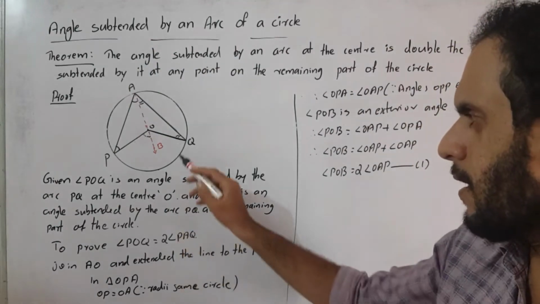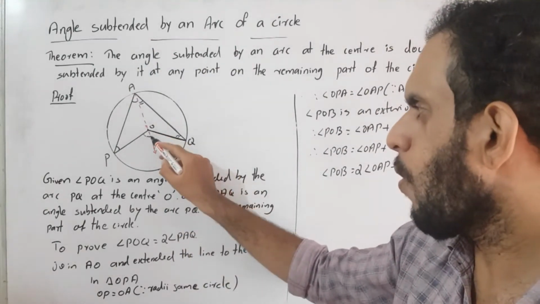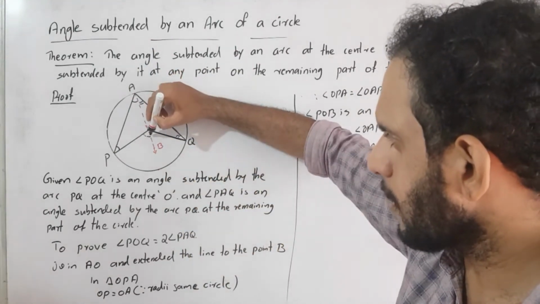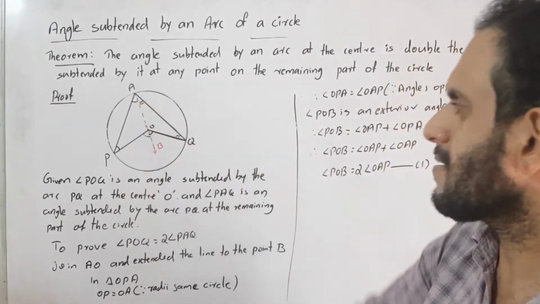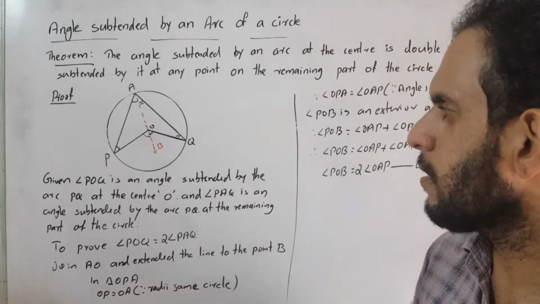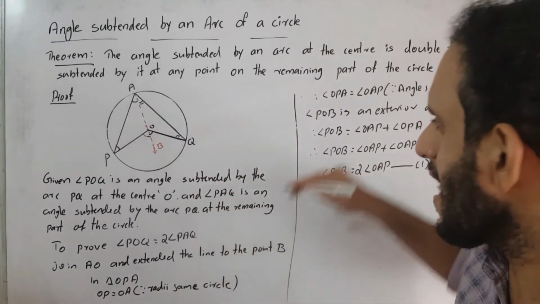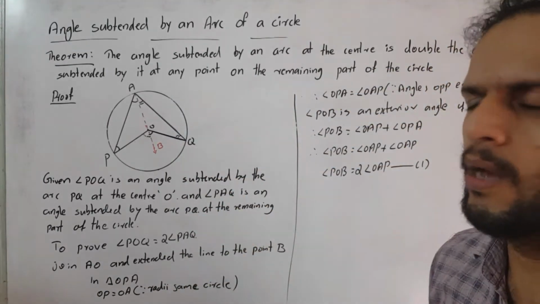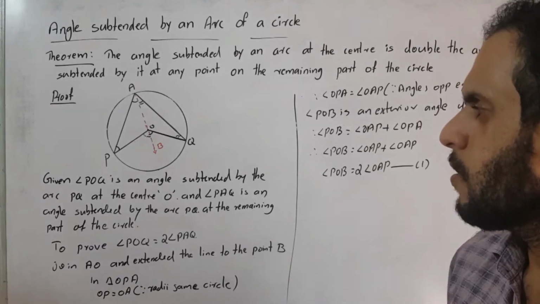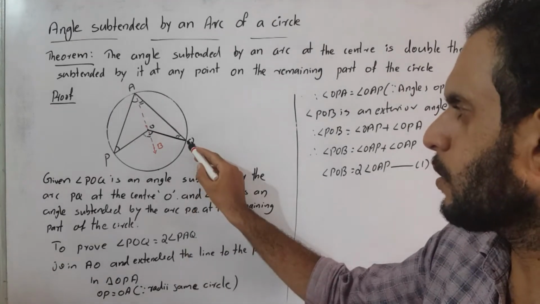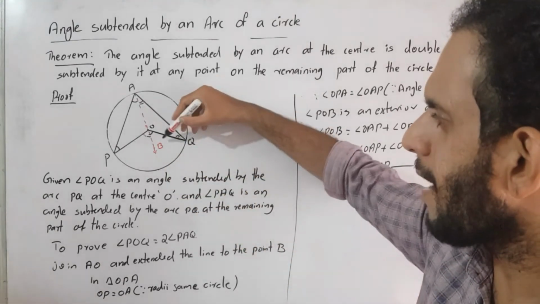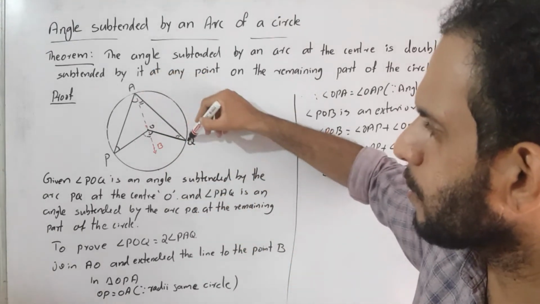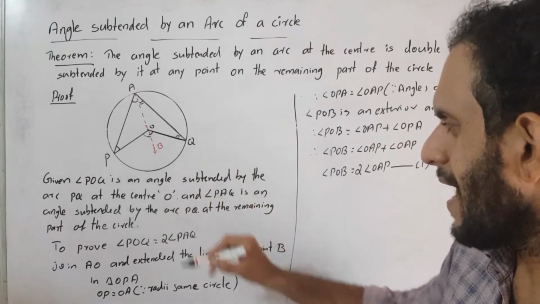Then it is very clear, angle QOB is an exterior angle of the triangle. Correct? Angle QOB is an exterior angle of this triangle. Then as we do the same idea, what do we get finally? Yes, we get angle QOB is equal to double of angle OAQ. Correct? We do the same procedure.